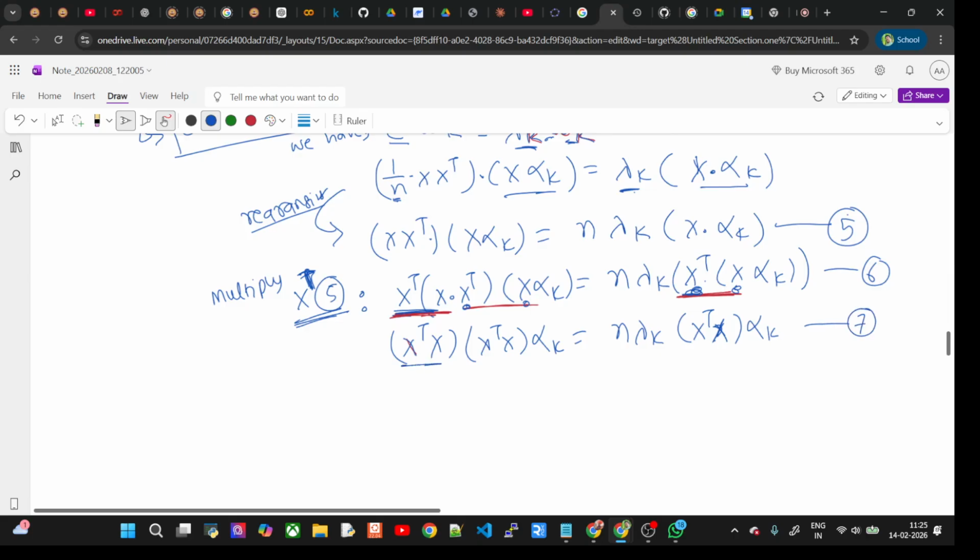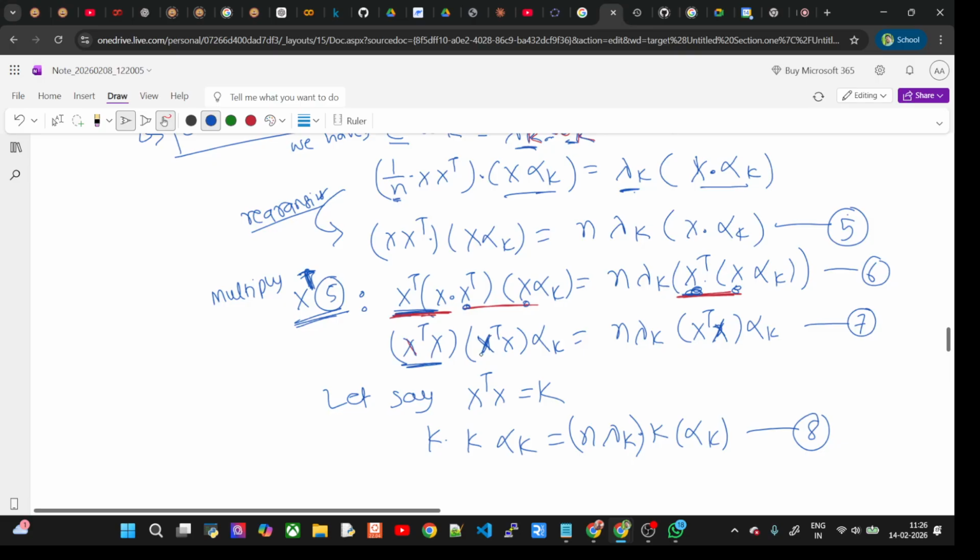Okay, and because it looks a little bigger, let's say x transpose x equal to K. So what is this? K into K alpha k and lambda k, K into your alpha k. You got till here?